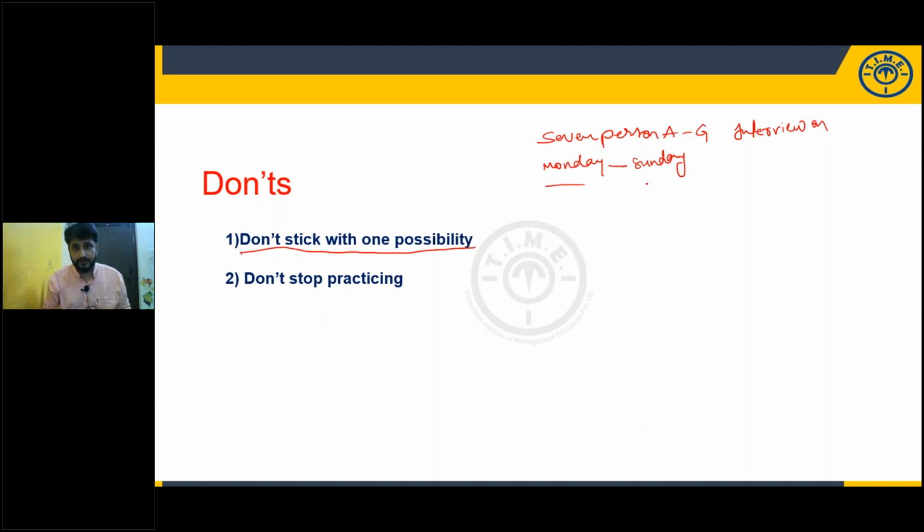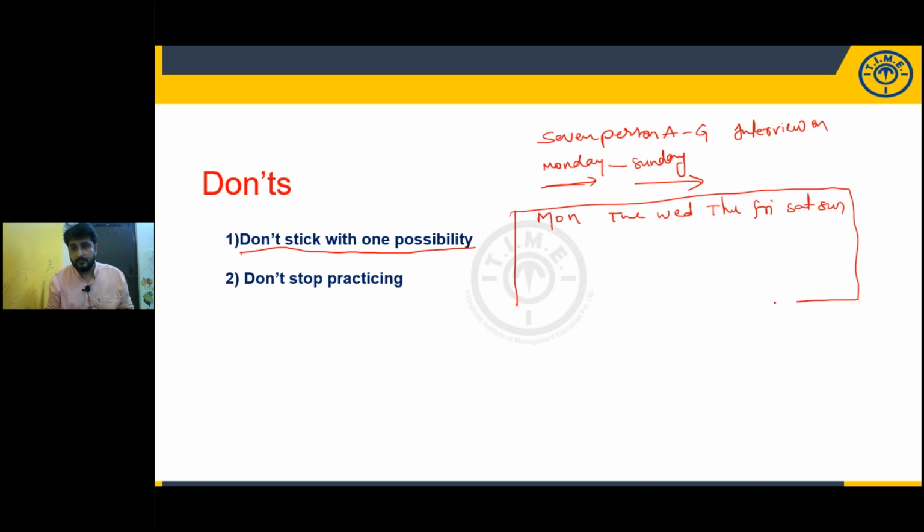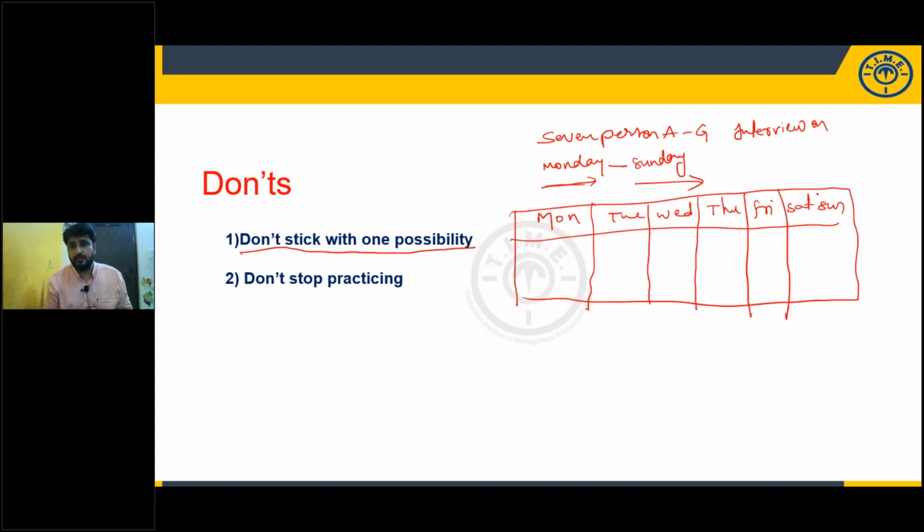For this kind of scheduling based questions, these days will follow a particular order because they're talking about a week. So it's starting from Monday to Sunday: Monday, Tuesday, Wednesday, Thursday, Friday, Saturday, Sunday. This should be your basic structure. You can freeze them as it is, Monday to Sunday, because it follows a particular structure. Then you can go through the clues and start placing them in the arrangement.